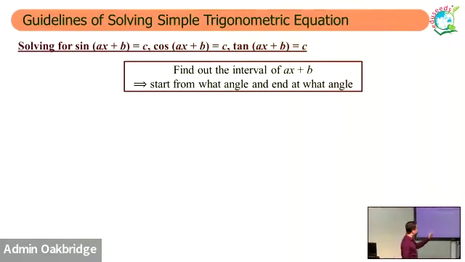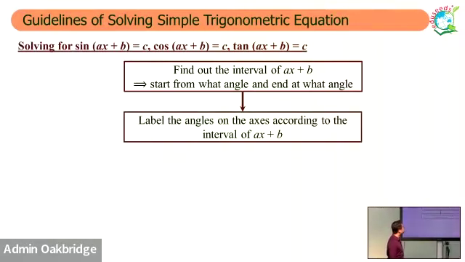Normally, the question only gives you the interval of x, not giving you the interval of ax plus b. So you still have to find out the interval of ax plus b first. And then label the angles on the axis according to the interval of ax plus b. Then the way we label the axis also will be different. I mean the angles on the axis will be different.